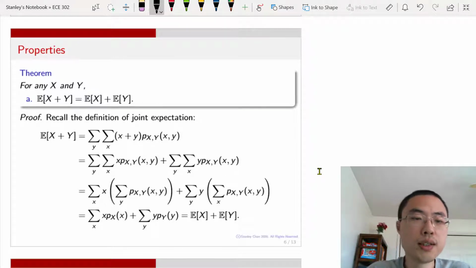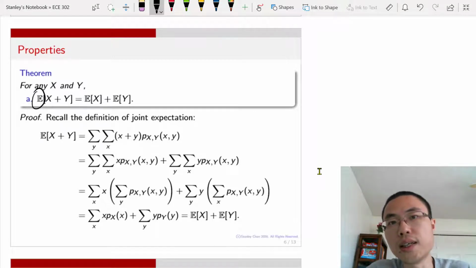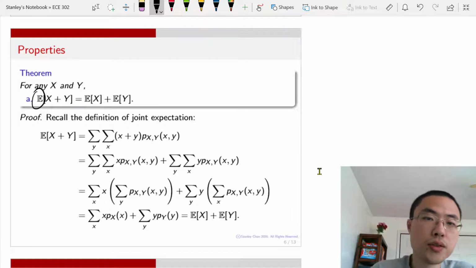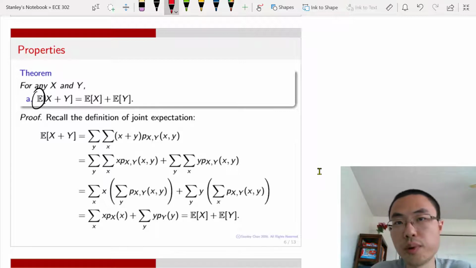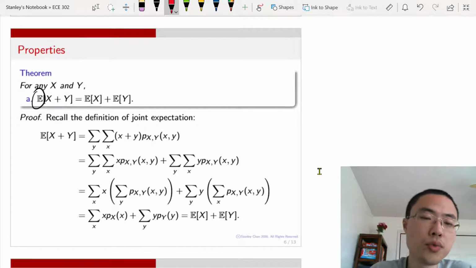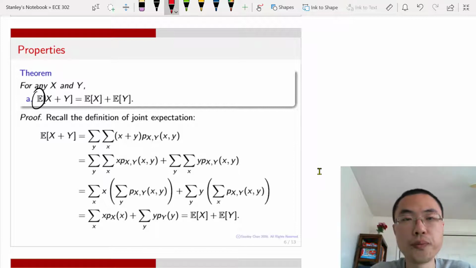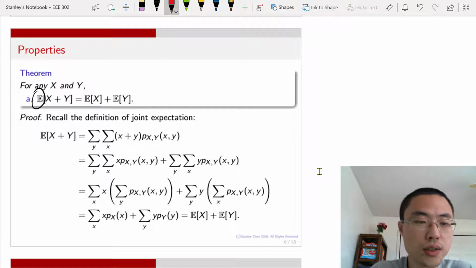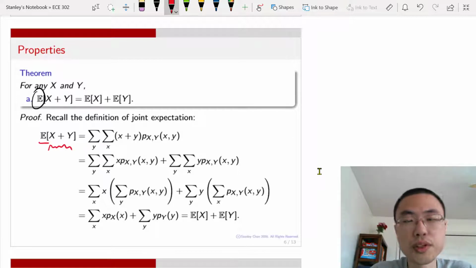The reason is that this expectation operation itself is a linear operation. So the proof is given as follows. It's actually not too complicated, and I will expect you to be able to reproduce this proof. The reason why this is not complicated is that all you need to know is the definition of the joint expectation. Okay, so here is the expectation on x plus y.